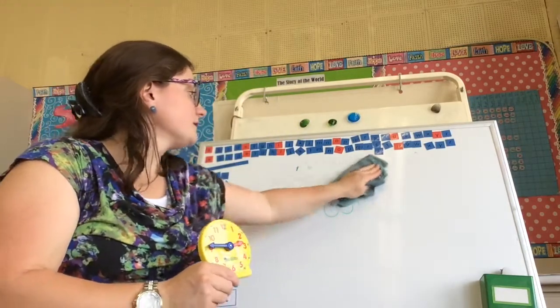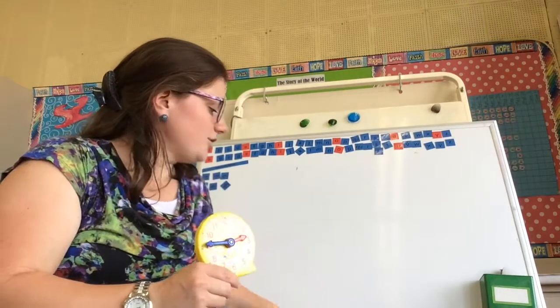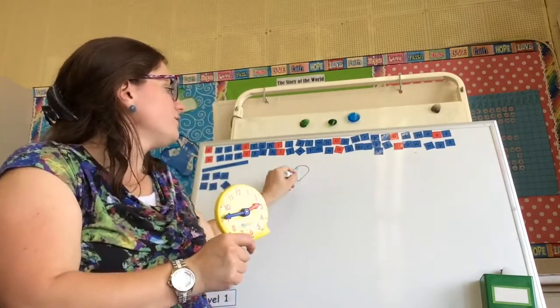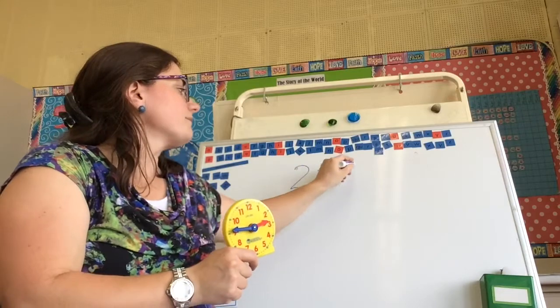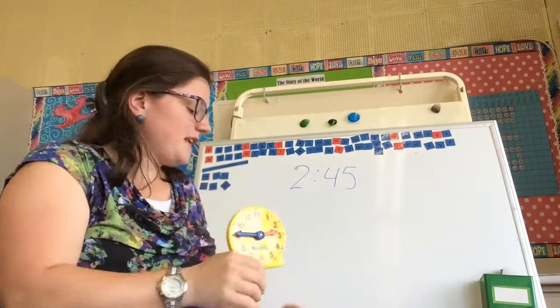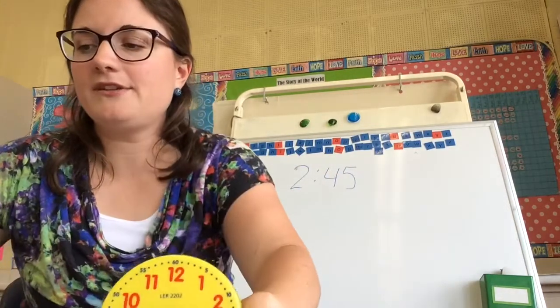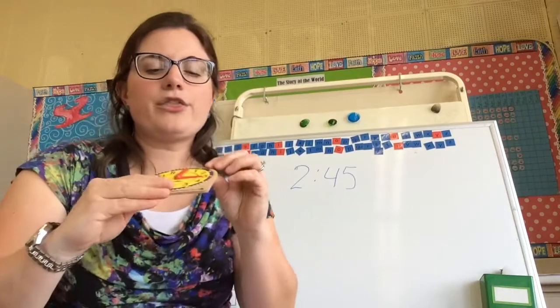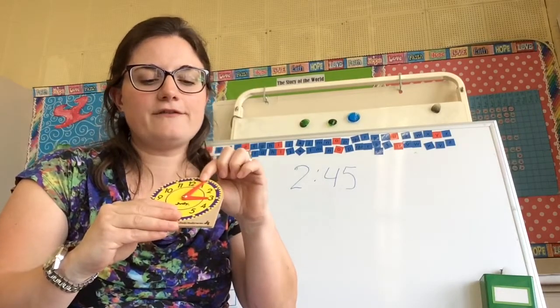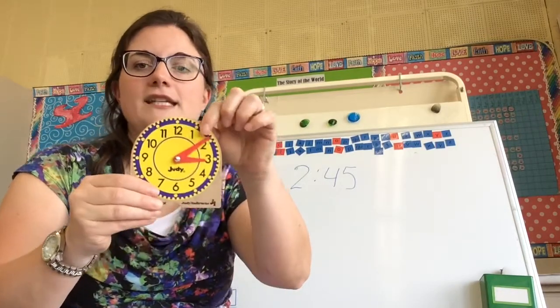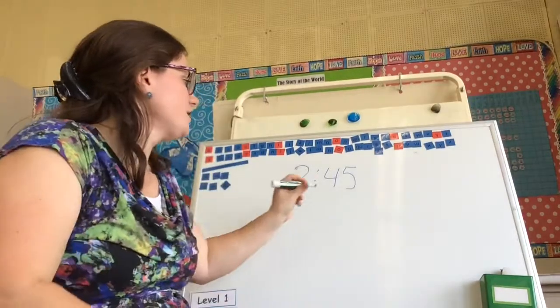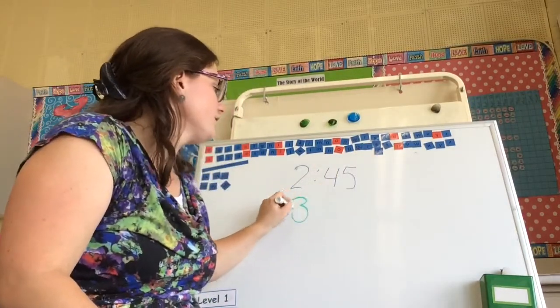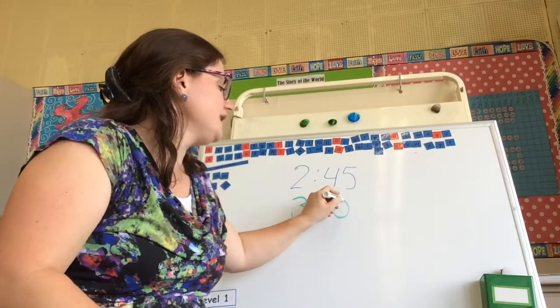Okay? So set your clock to 2:45. The other clock I would like you to set for 3:10. And we're going to find out how much time passes from 2:45 to 3:10.